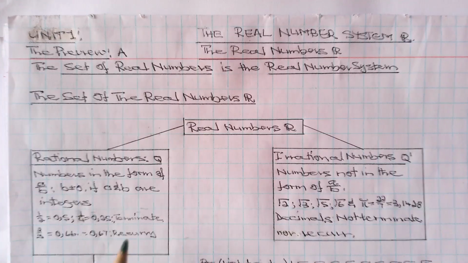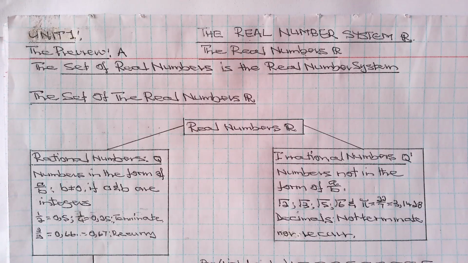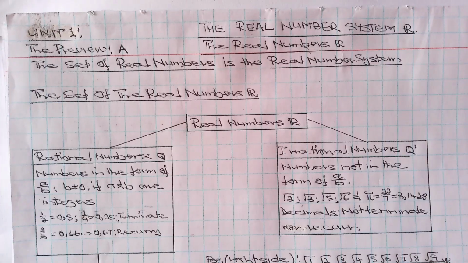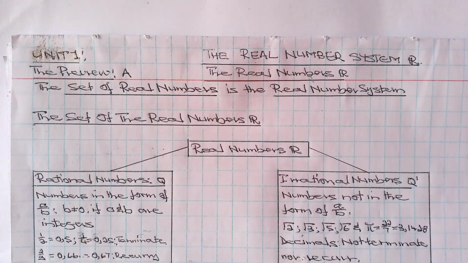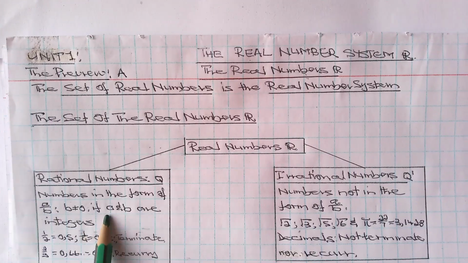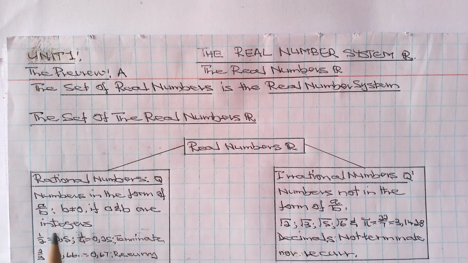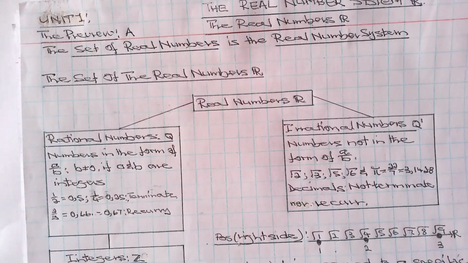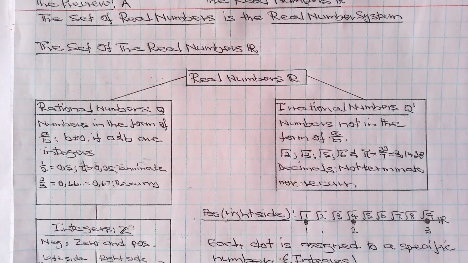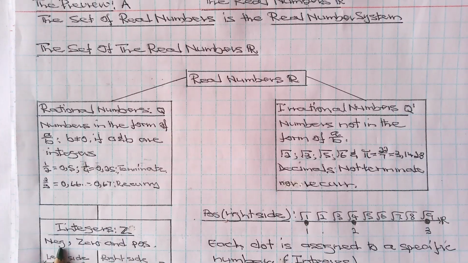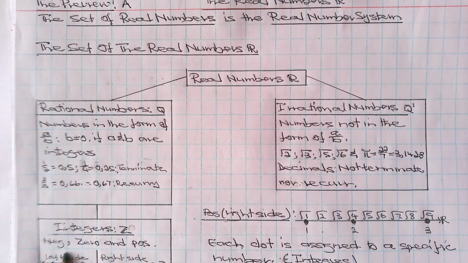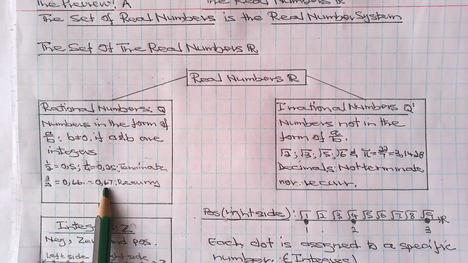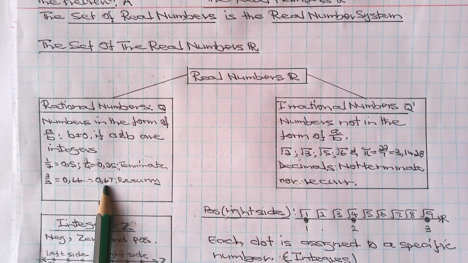Now, note that rational numbers are in the form of a quotient, A divided by B in this case, meaning that if A and B are integers, the set of integers, which is composed of negative numbers, 0 and positive numbers, has no fractions compared to the set of rational numbers.